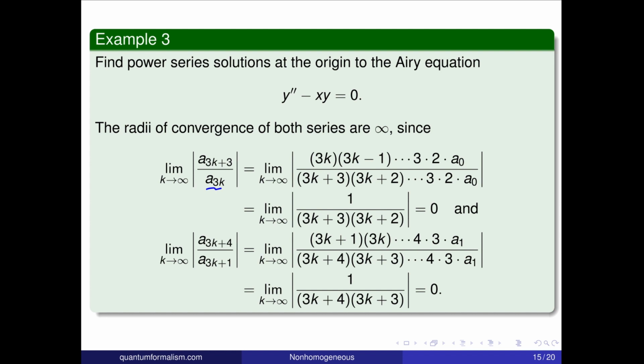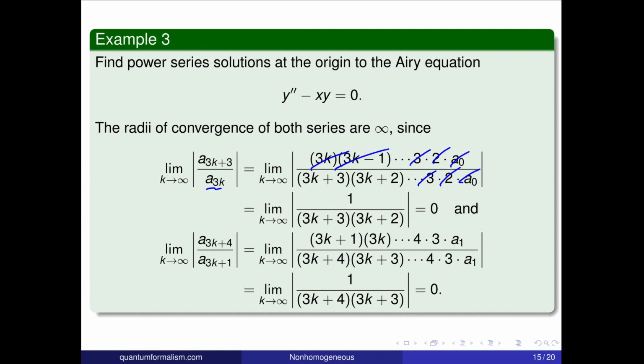Everything will cancel out except 3k plus 3 and 3k plus 2. All the terms in the numerator also show up in the denominator. So we end up with the limit as k goes to infinity of 1 over 3k plus 3 times 3k plus 2, and that's equal to 0.